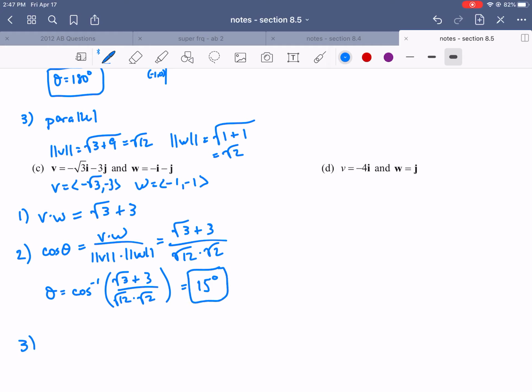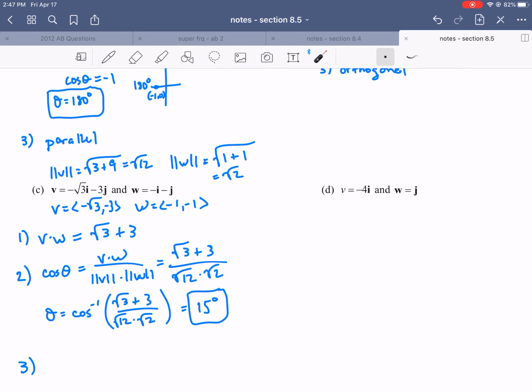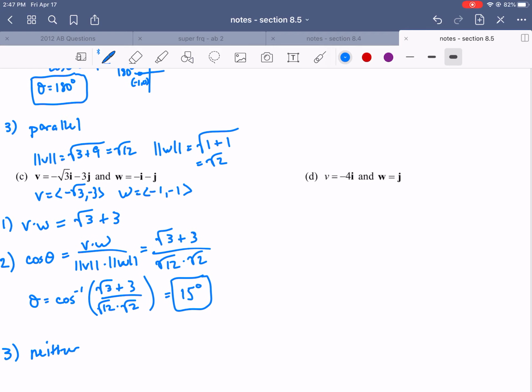Now, because the angle between the two vectors is 15 degrees, that means they're not parallel, because in order to be parallel, that would be like letter A here, where the angle was 180 degrees. They're not orthogonal, because in that case, the angle would be 90 degrees. And so therefore, these two vectors are neither orthogonal nor parallel. So you would just answer neither for the third part there.